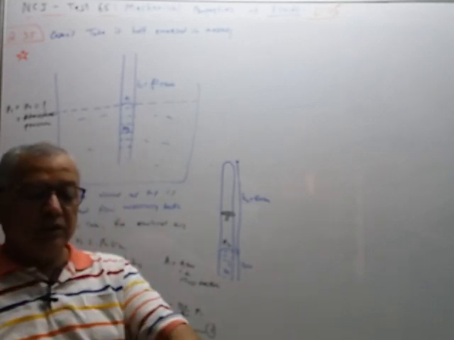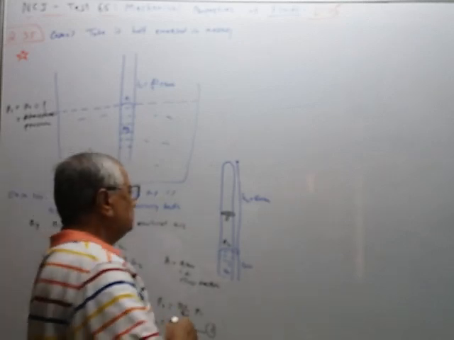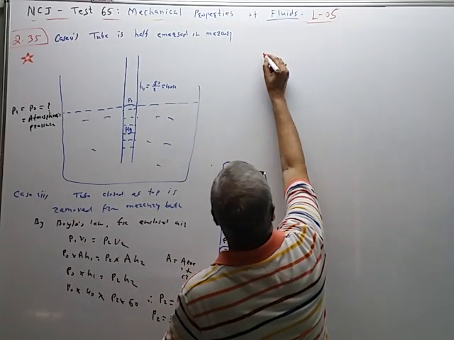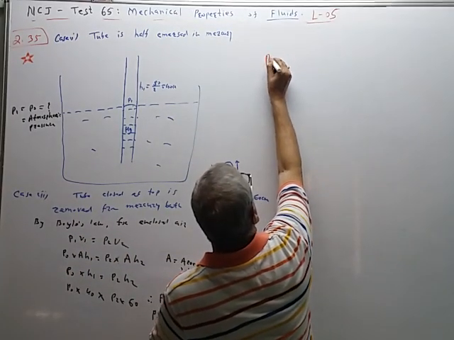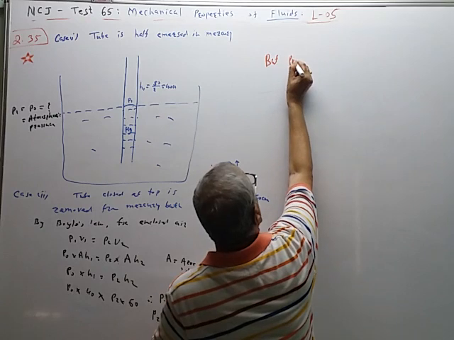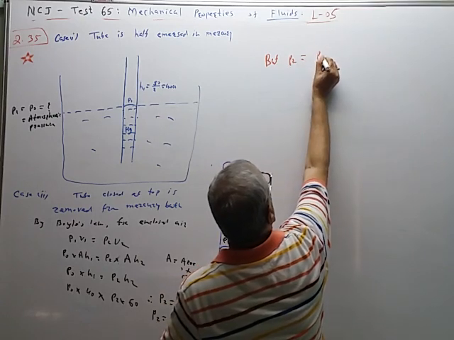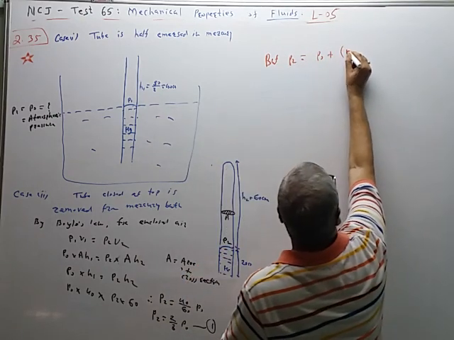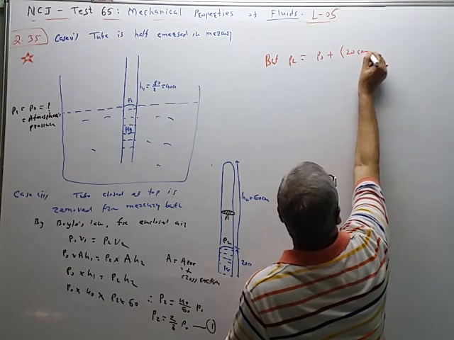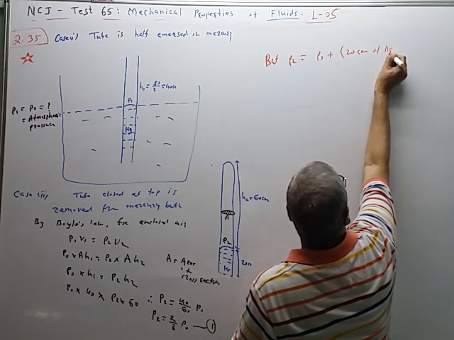Now this P2 is equal to P0 plus 20 centimeter of Hg column.